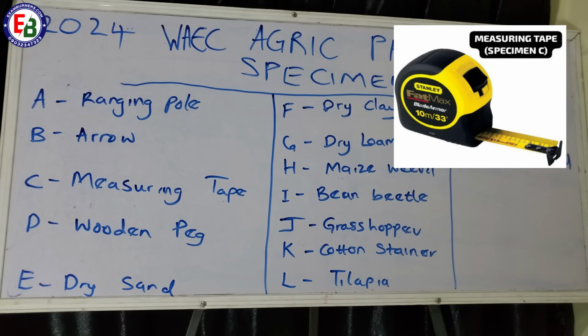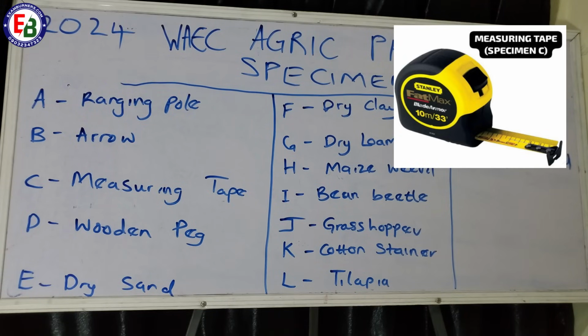Another maintenance practice is to retract the tape slowly after use into its case. You know the way our measuring tape looks. So after using your measuring tape, you should return it slowly inside the case. So I've given you 3 maintenance practices of specimen C. Number 1, store in a dry, cool place. Number 2, clean after use. Number 3, retract the tape slowly after use into its case.